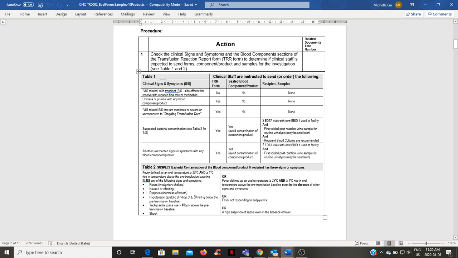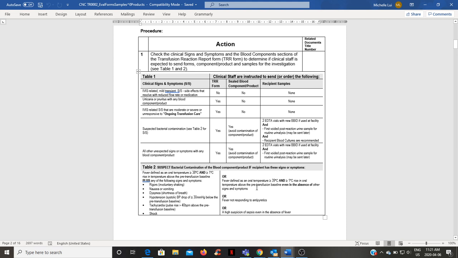Was there rigors, nausea, dyspnea, hypotension, tachycardia, or shock? No, in this case, no. We only had fever and chills, if you remember that. Okay? Or, here's a big or. Fever defined as oral temperature greater than 39 and a 1 degree rise above the baseline, even in the absence of other signs and symptoms.